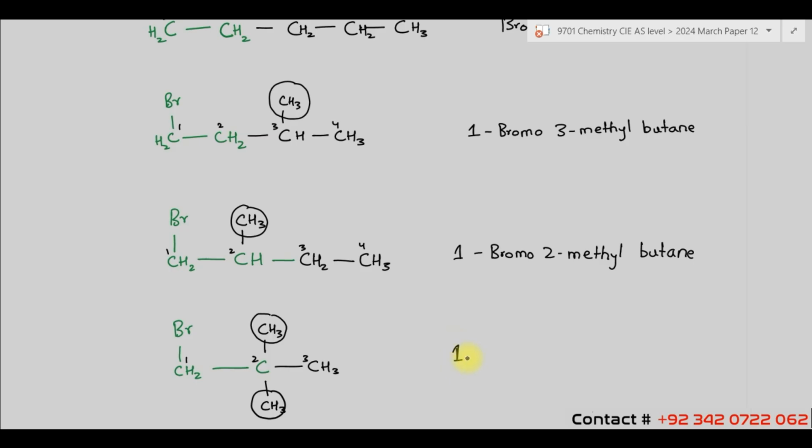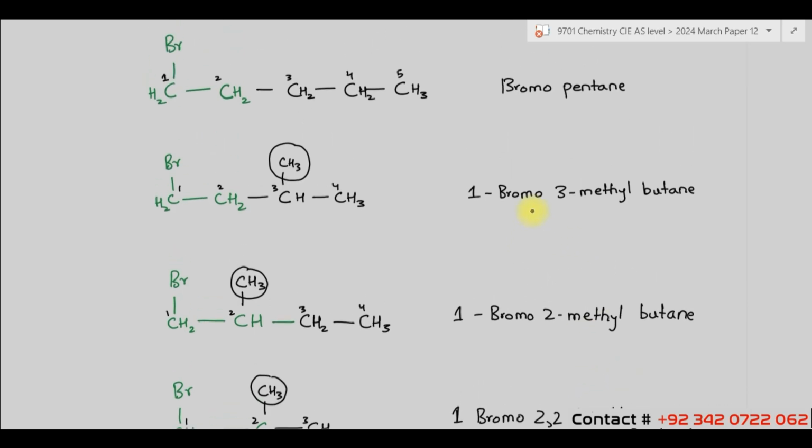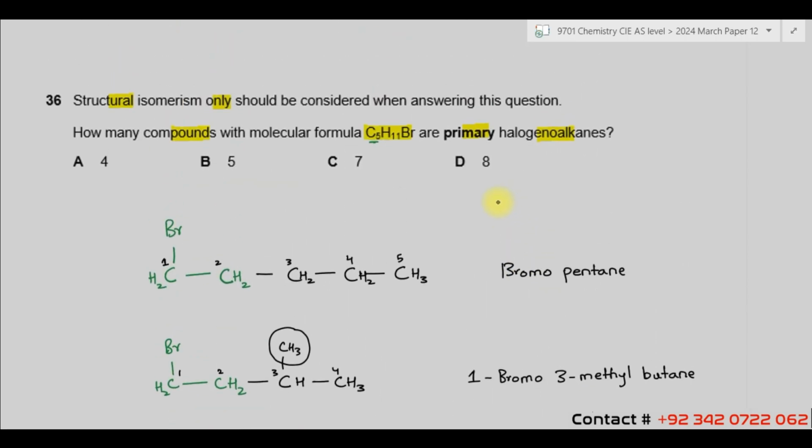So 1 bromo, and on 2 we have 2 methyl groups, so 2 dimethyl. We have propane. So in total we have 4. Correct answer is A.